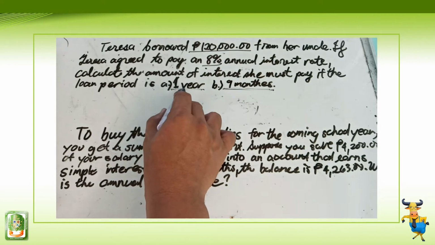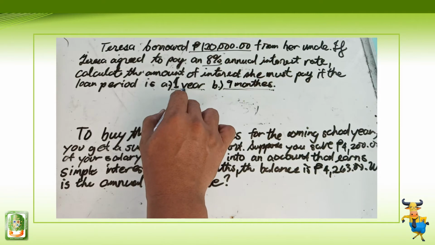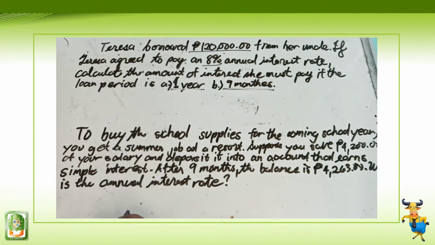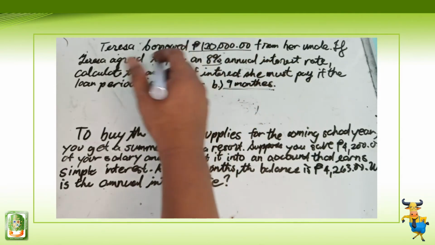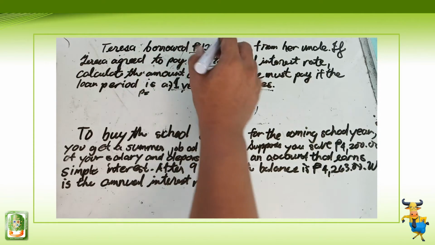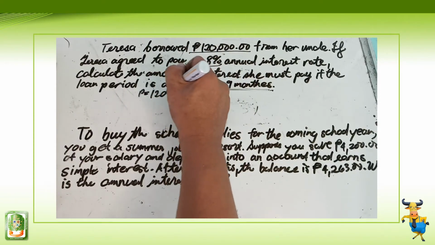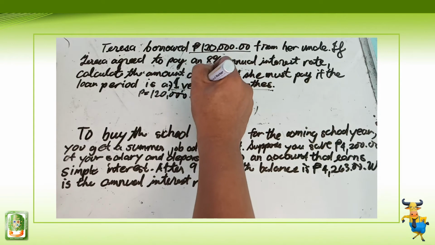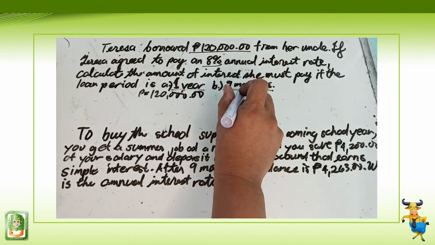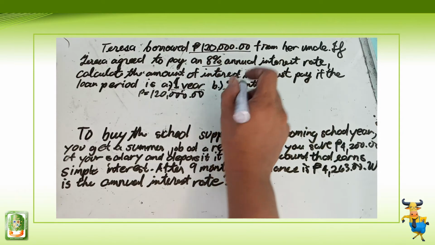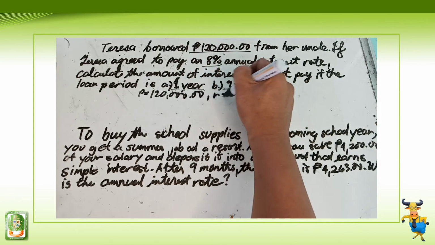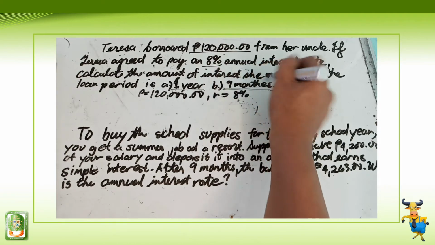So, this one, unahin natin 1 year. So, we are going to find the interest. So, ilan yung principal natin? The principal is equal to 120,000. Ilan yun ang magiging ano natin? Rate. Rate ay 8%.